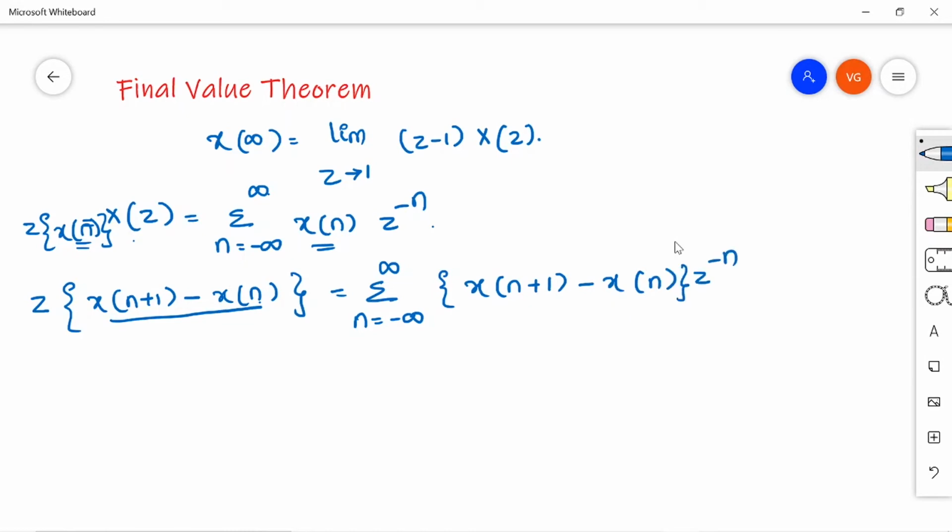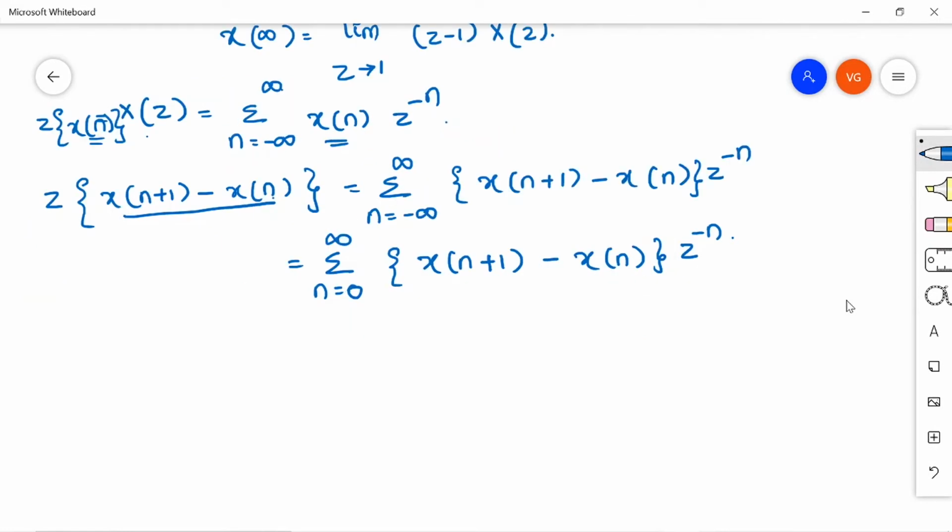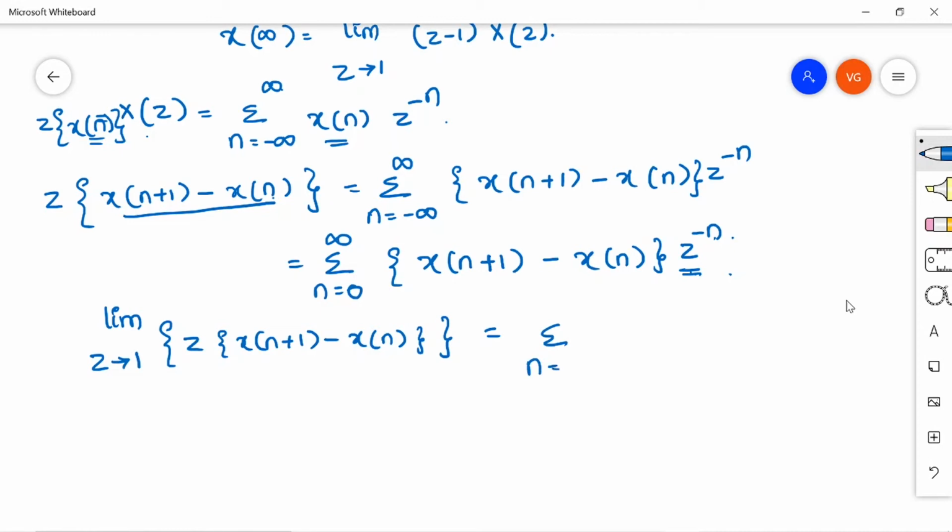Now, the signal is a causal sequence, so I am taking n from 0 to infinity x of n plus 1 minus x of n z power minus n. Now, apply limit z tends to 1 on both the sides. So, limit z tends to 1 of the z transform of x of n plus 1 minus x of n is defined. Here, if you keep z as 1, 1 power anything is 1 only. So, my right hand side is more simplified.